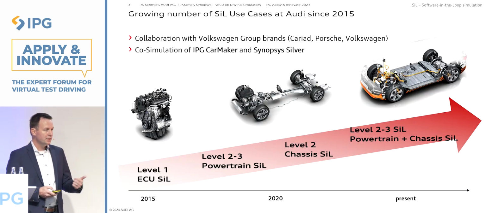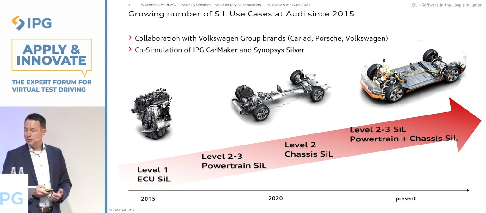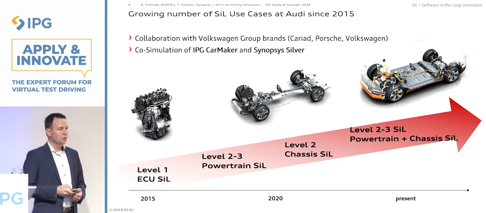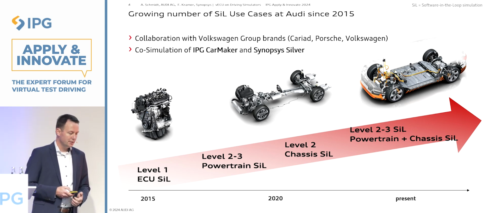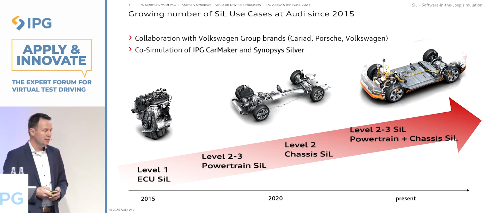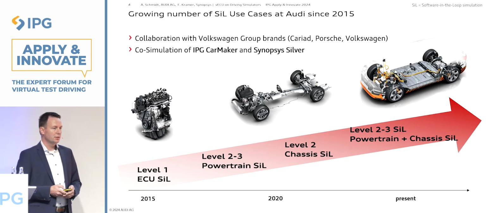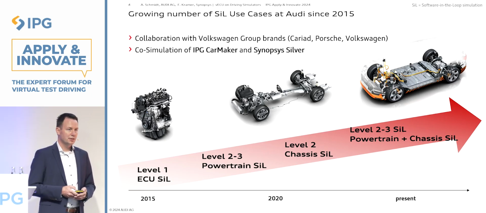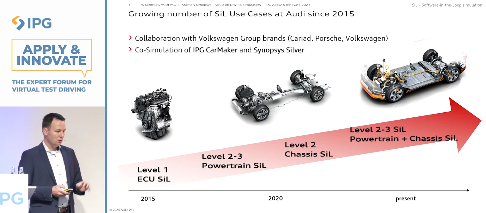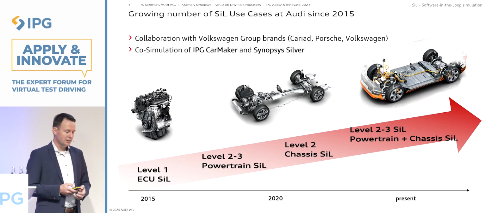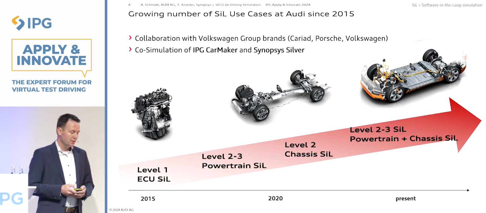Now, the second part why we participated was the usage of SIL at Audi. We started approximately 2015 with the first virtualization of engine functions and diagnosis and small bits of software, basically, with open loop testing.